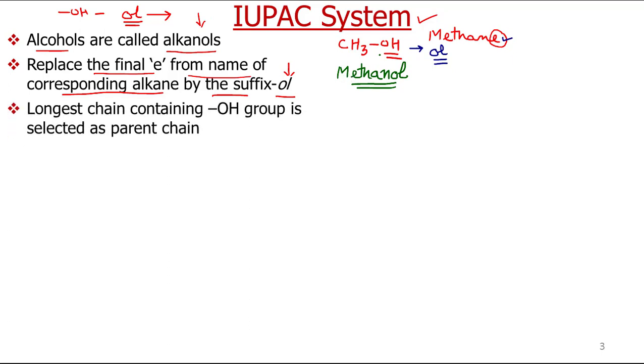This is one carbon, but sometimes we have a chain with more carbons, and we also have various substituents. Then first of all we have to choose the longest chain which contains the OH group. This chain must contain the OH group and it should be the longest chain. Then we will select it as the parent chain.